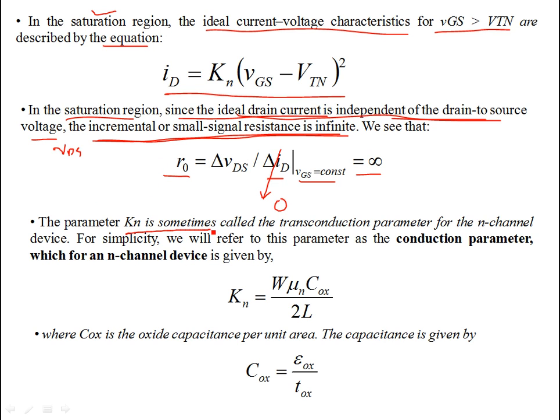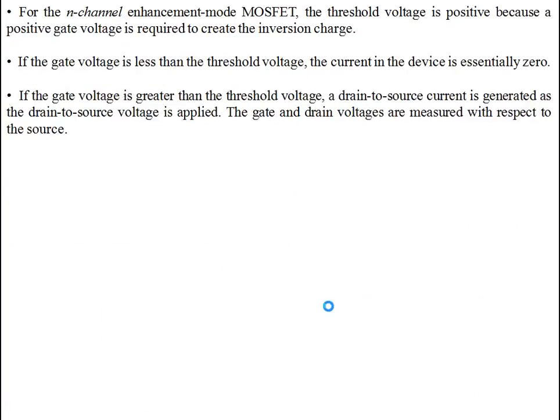The parameter Kn, which we talked about earlier, is called the transconductance parameter for the n-channel NMOS device. For simplicity, we will refer to this parameter as the conduction parameter. It can be described in terms of W, the width of the channel or gate, and L, the length of the gate. I think we have seen this previously.